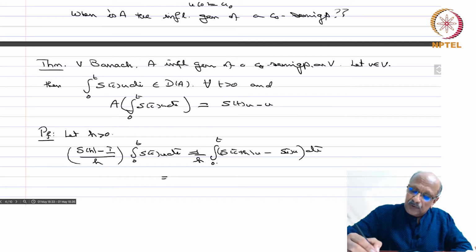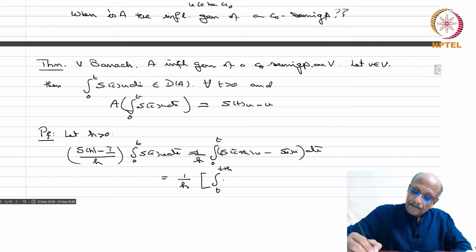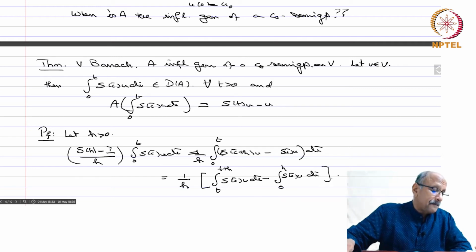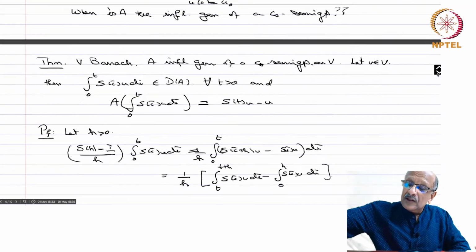Then you have the integral of S(τ)u from h to t plus h minus the integral of S(τ)u from 0 to t. If you simplify, you will get the integral from t to t plus h of S(τ)u dτ minus the integral from 0 to h of S(τ)u dτ. So, it's just an elementary thing. You make a change of variable for the first one, and the limits change from h to t plus h. Then you have two different limits, and then you compensate, and you get this.